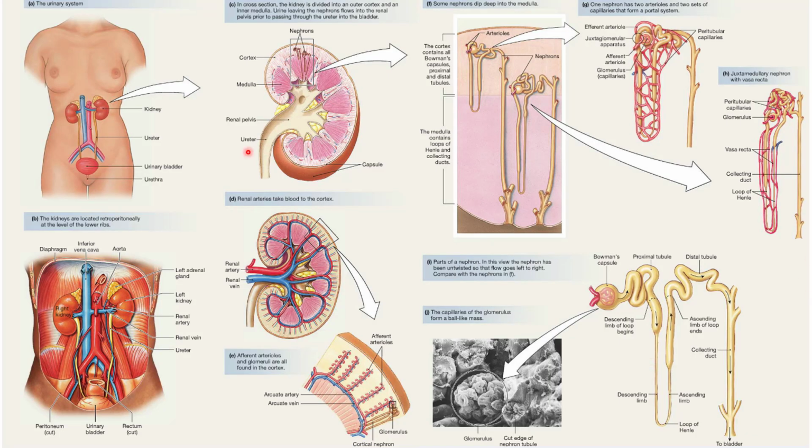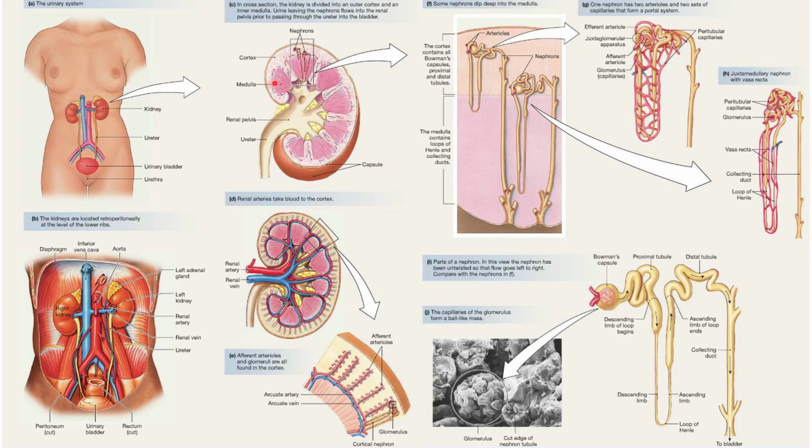Now, if we look at the kidneys themselves in relation to the rest of the body, you will see that they're located in our abdomen, posterior, and that within the kidney themselves, there's these 2 main tissue types. We have the cortex, which is on the outside, and the medulla.